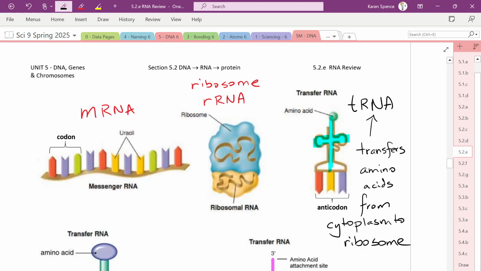Ribosomal RNA just makes the ribosomes. It's what ribosomes are made of, I should say.